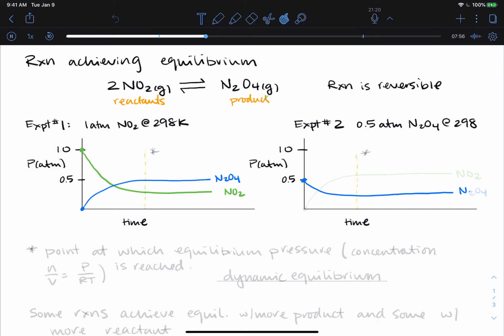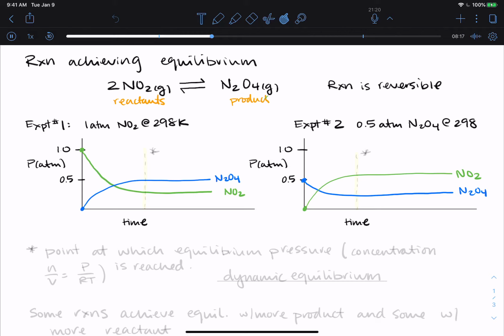So blue is still N2O4. And my NO2 will start at 0 because it's not listed. That pressure is going to increase, and then at some point it'll just kind of even out. So this is my NO2.